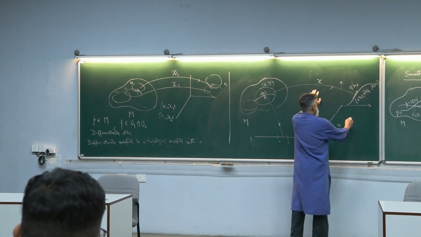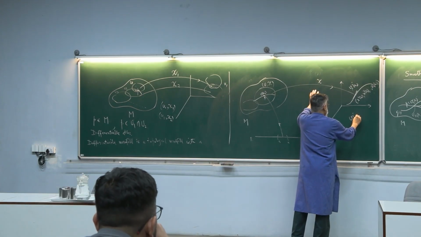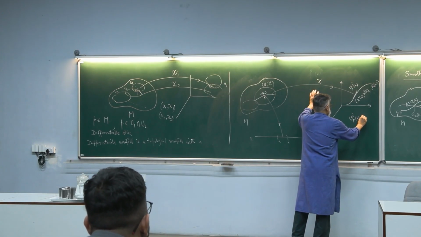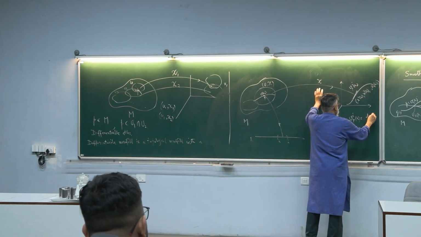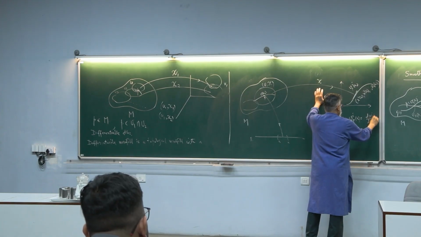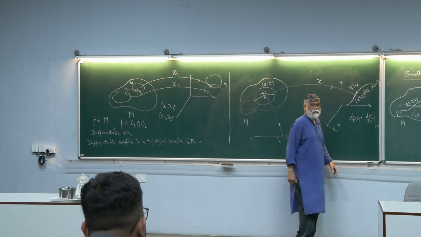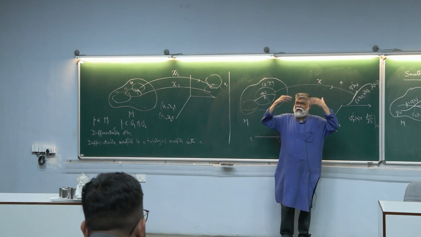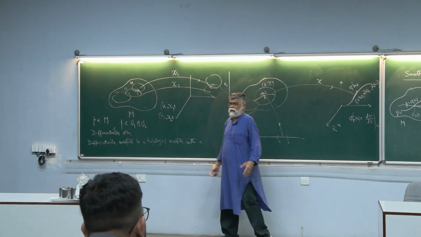So, what is Vp ith component at lambda 0? This is nothing but the dxi by d lambda at lambda 0. Think of 2 dimension or 3 dimension and you know that this is correct.